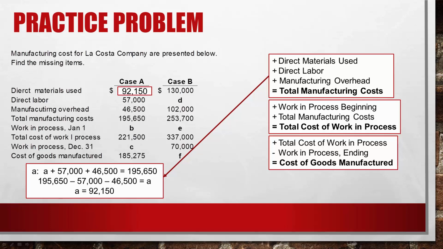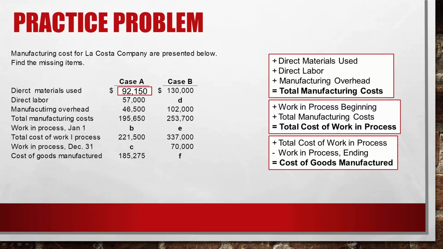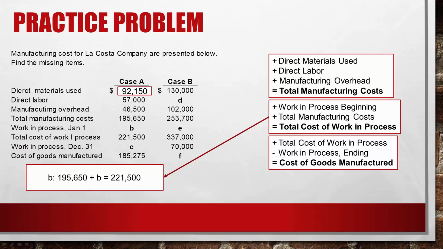Now let's look at our next missing item, B, which is work in process beginning on January 1. In order to find our item B, we need to use the next formula, which takes our work in process beginning plus manufacturing costs, which is what we have as $195,650, equals our total cost of work in process.